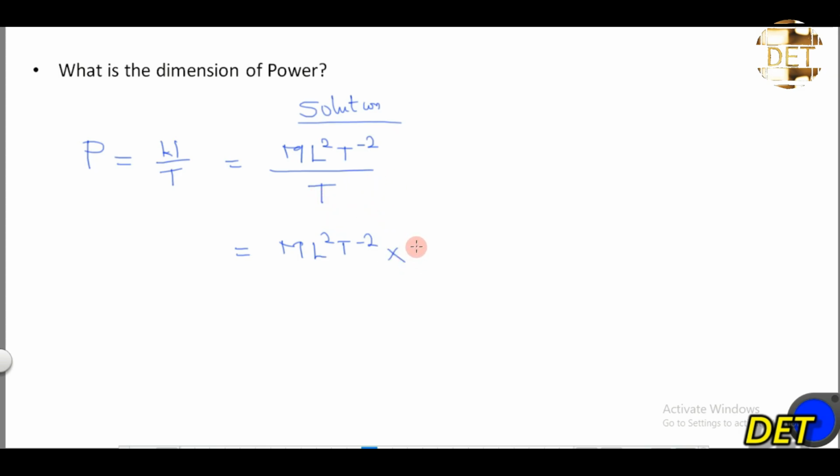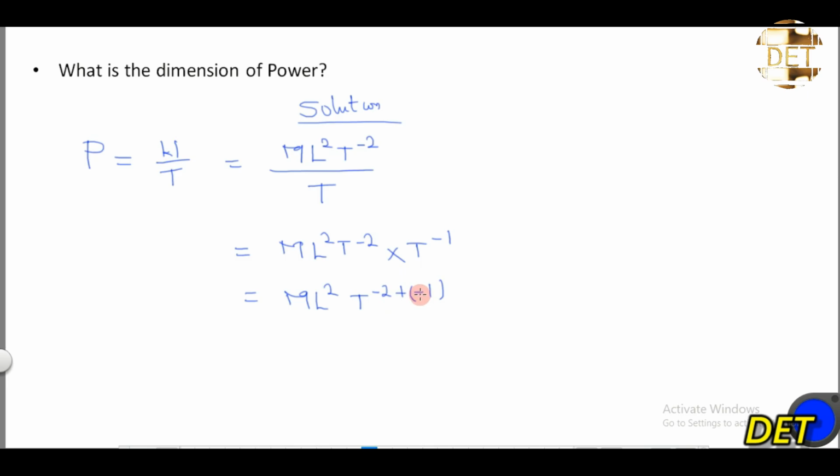Minus 1. It becomes t raised to the power of what? Minus 1. So t raised to the power of minus 2 times t raised to the power of minus 1, according to indices, will give you ML squared t raised to the power of minus 2 plus what? Minus 1, right?